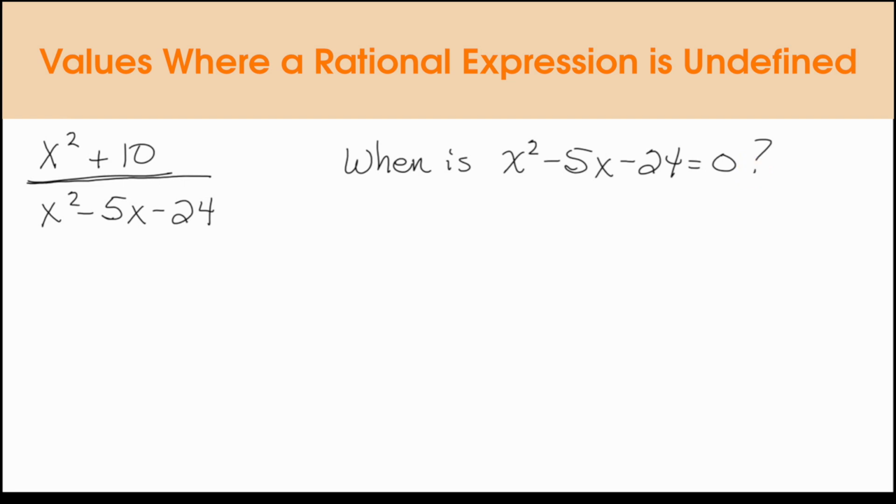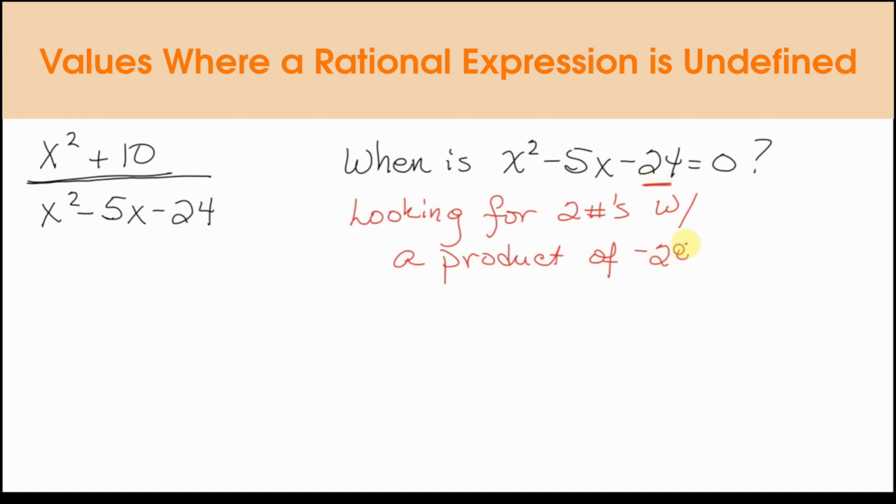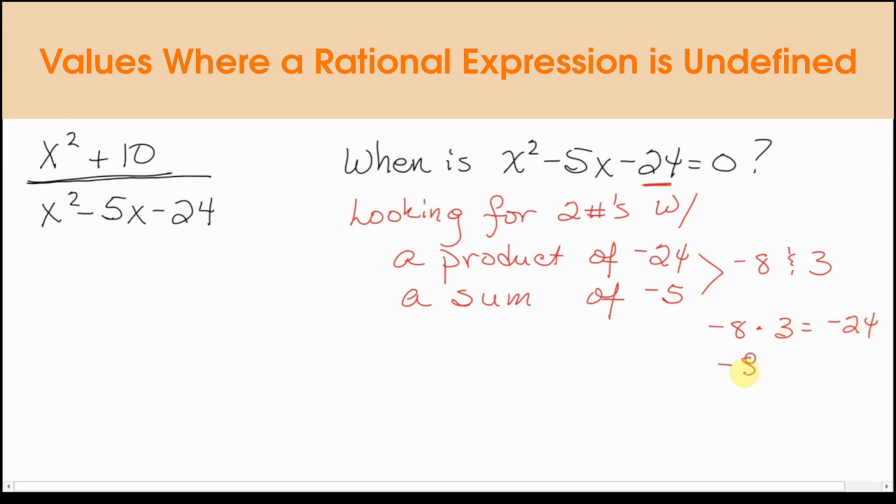Remember, this is a trinomial with leading coefficient of 1. So to factor this, we're looking for two numbers with a product of our last term, negative 24, and a sum of our middle term, negative 5. Those two numbers are negative 8 and 3, because negative 8 times 3 is negative 24, and negative 8 plus 3 is negative 5.